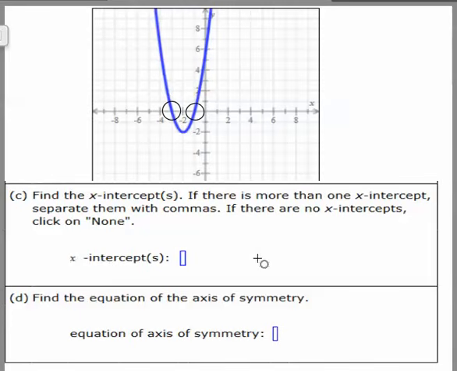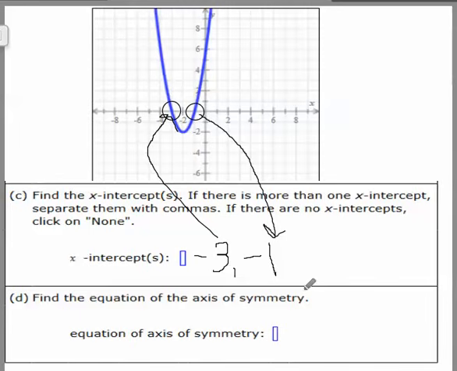And so they want us to list out what our x-intercepts are. Our x-intercept here is -3. That's this one right here. And then this x-intercept over here is -1. So those are our two x-intercepts. The last thing they ask us to do is find the equation of the axis of symmetry.